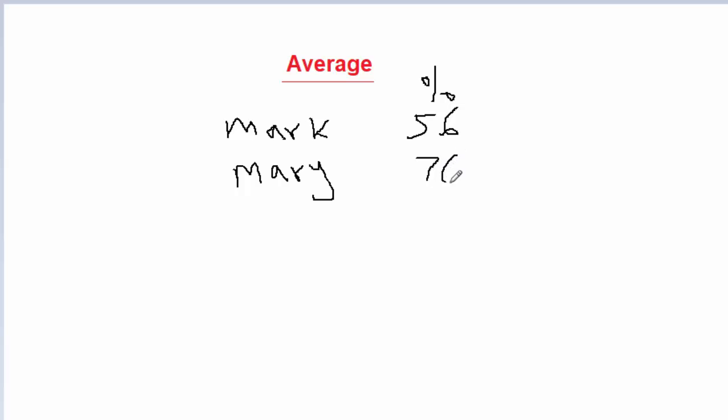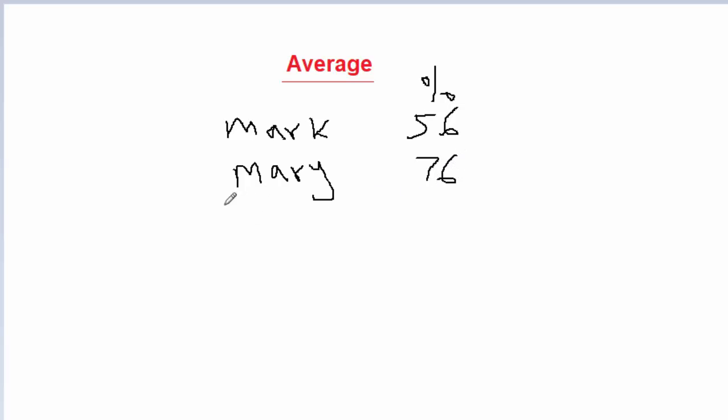For example, if I have marks of students in class, and I have maybe one student who is called Mark. Let me just write here. One student is called Mark, and this Mark scored maybe 56%. Then another student could be maybe Mary, and Mary scored maybe 76.